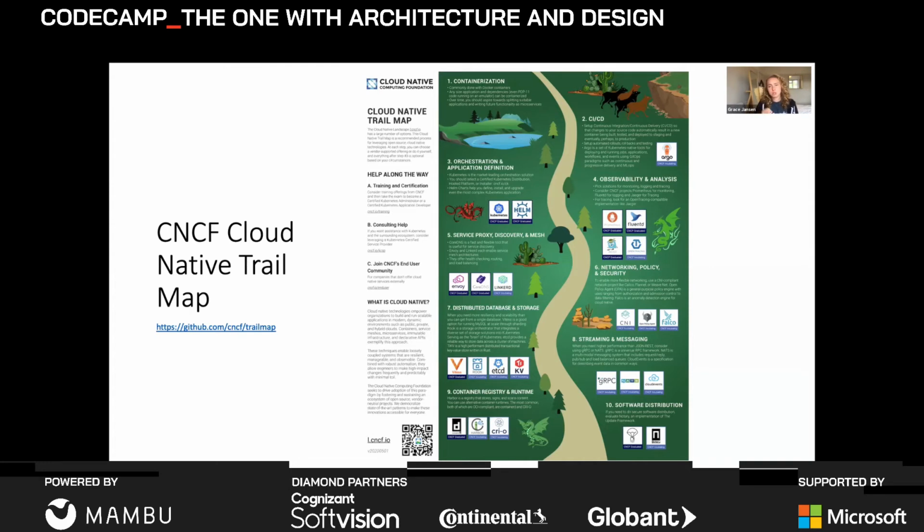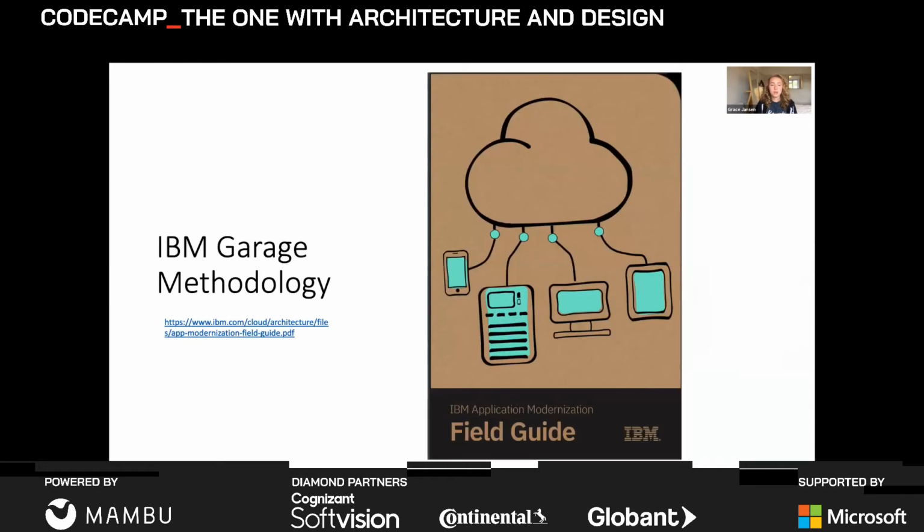So there's a reason that we can use nature in this regard to inspire our software architecture choices. And so this is another methodology or map that you can follow if you want to migrate to cloud native. Another field guide you could use is the IBM Garage methodology.